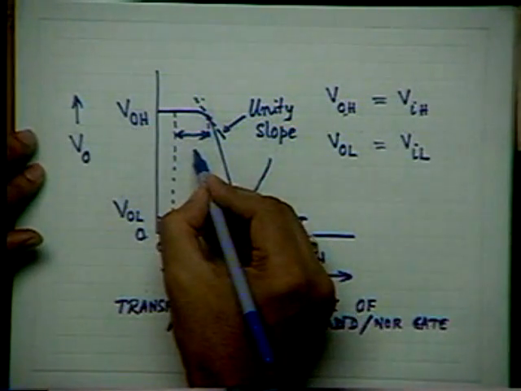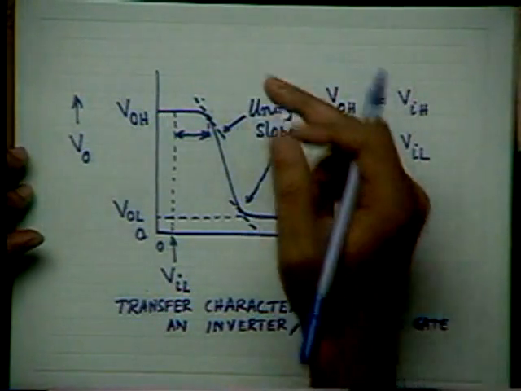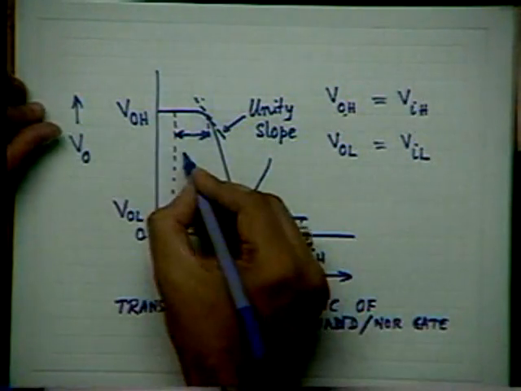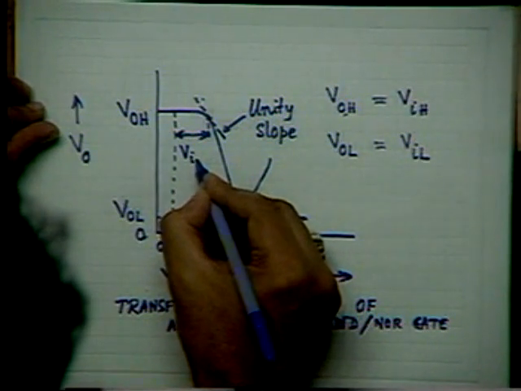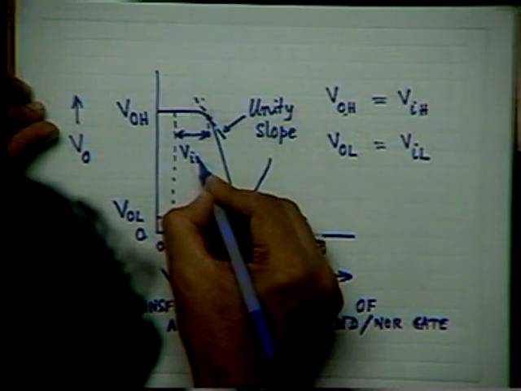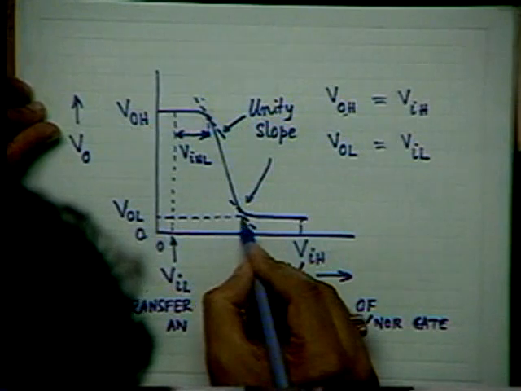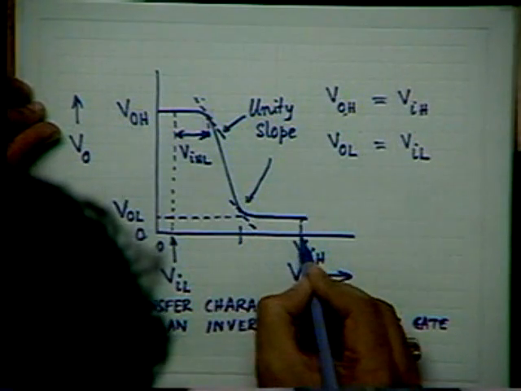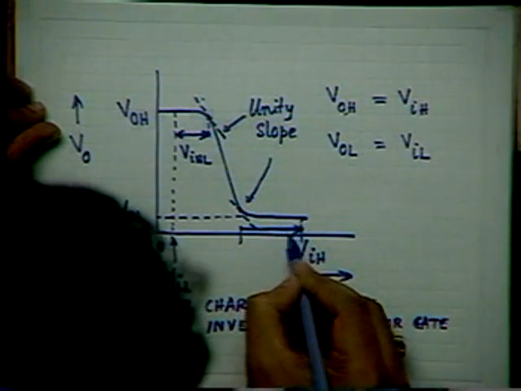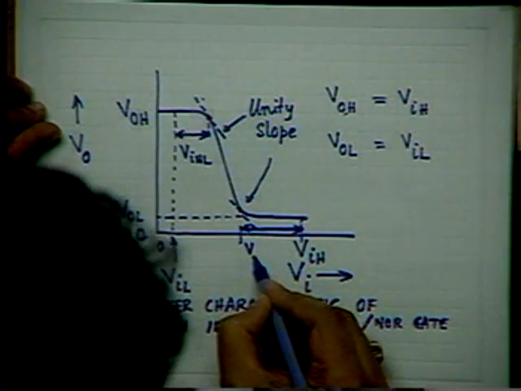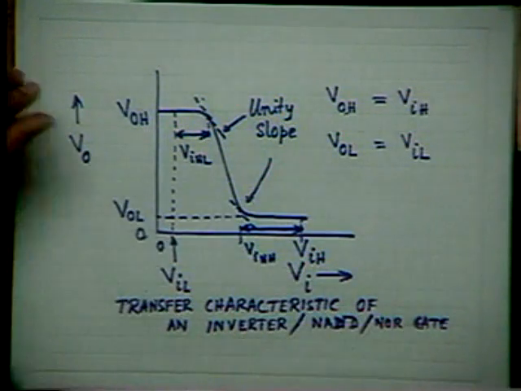the noise margin in the output high state, and in terms of input, of course, this is actually called noise margin for the input low, and similarly this one can be called VIH, input high.